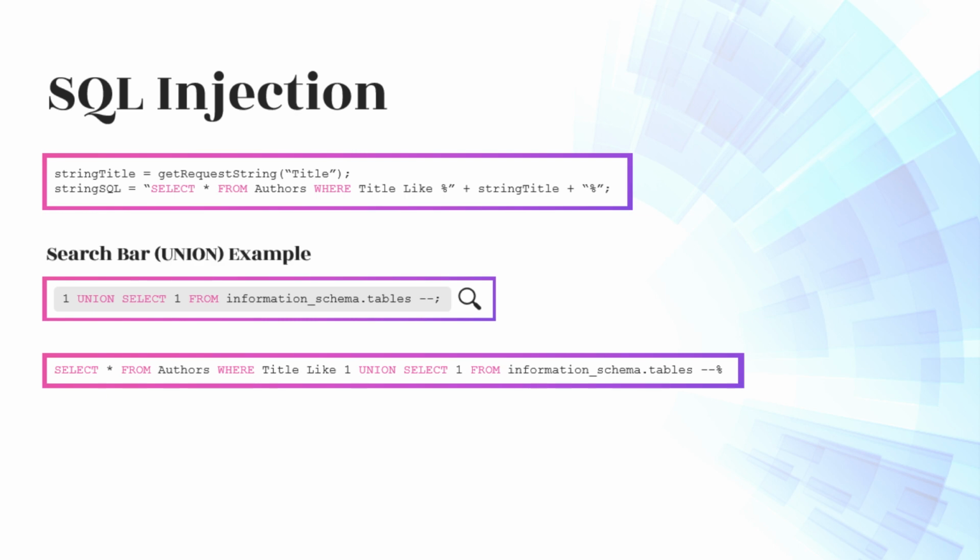So here, the example I have is a search bar in a web application, and the search bar is supposed to search for certain books where the title of that book is something similar to so and so. So the statement is select star from authors where the title is equal to this and that.